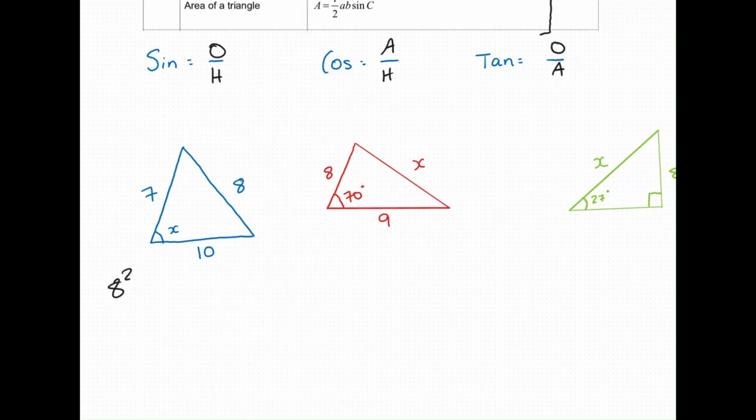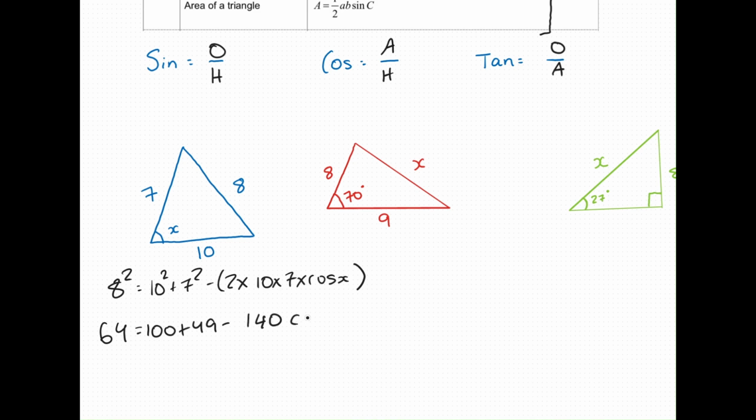In this case you'd have to use the cosine rule, which is above. So 8 squared equals 10 squared plus 7 squared minus 2 times 10 times 7 times cos x. You get 64 equals 100 plus 49 minus 140 cos x.